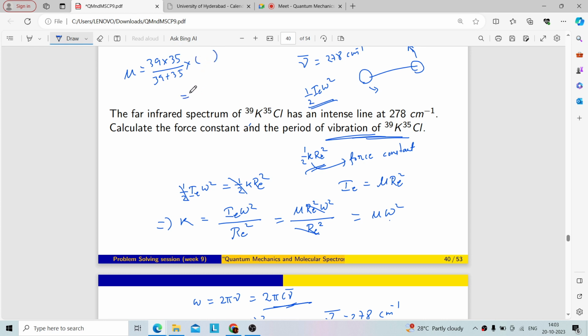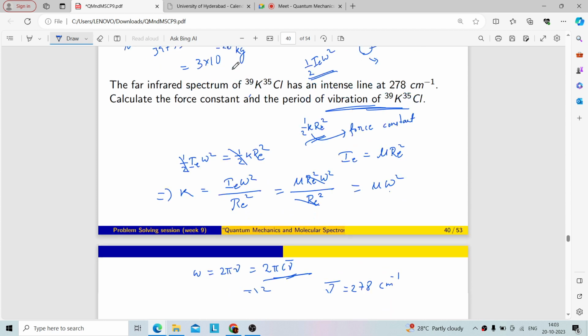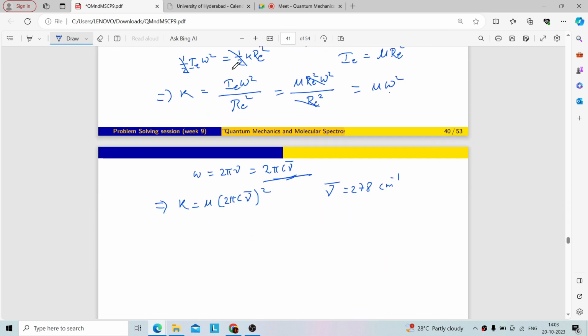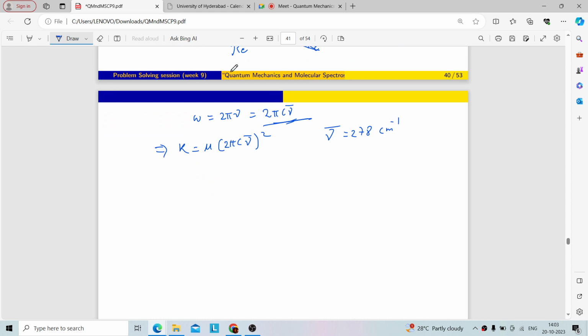This will give you mu in terms of kg, so this value will be 3 times 10 to the power minus 26 kg. Now putting all these values will give us the value of k to be 83.92 Newton per meter.